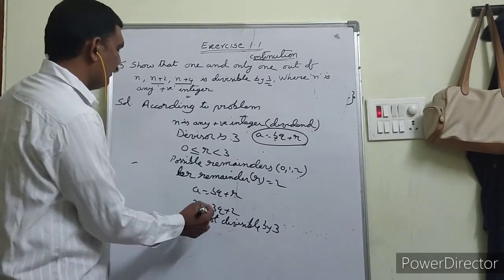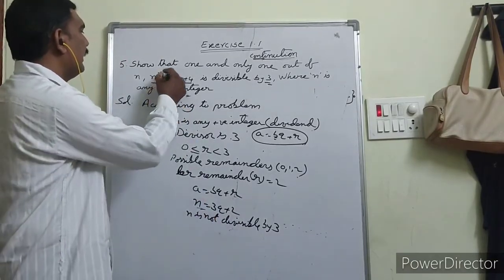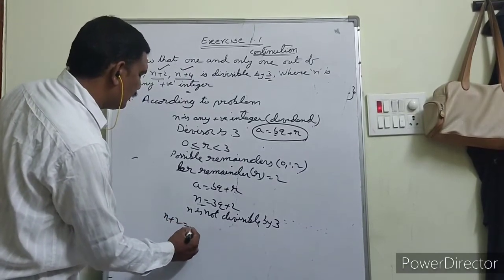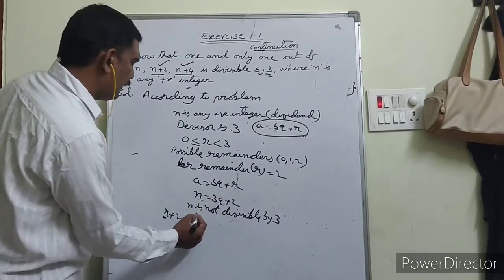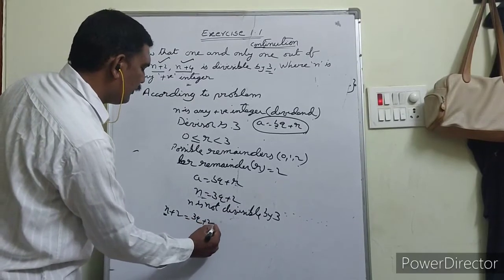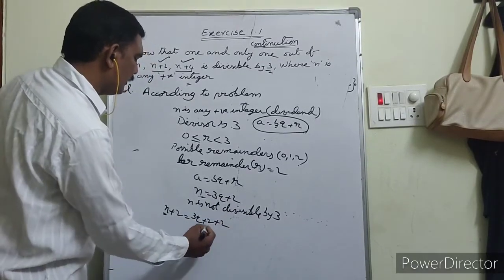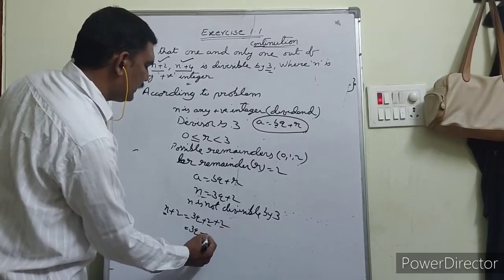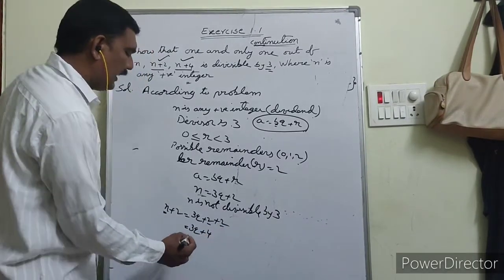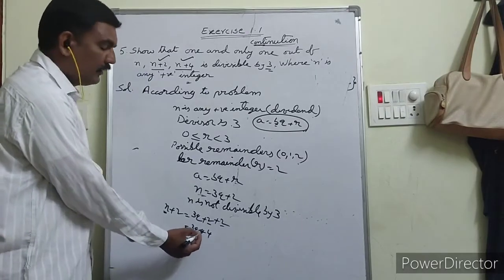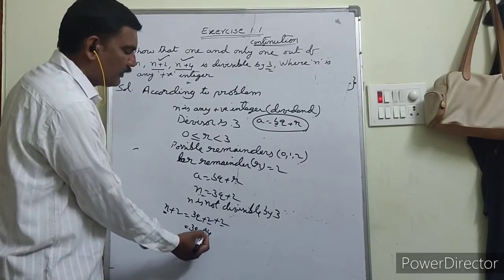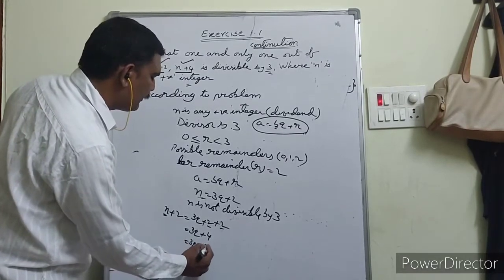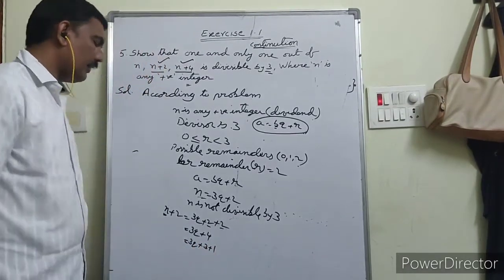Now this n value you should substitute in n plus 2 and n plus 4. n plus 2: in place of n you have to write 3q plus 2, so 3q plus 2 plus 2. Like terms are 2 plus 2, that is 4. As I said, the divisor is 3, so remainder 4 you should not get. So 4 should be split into 3 plus 1.